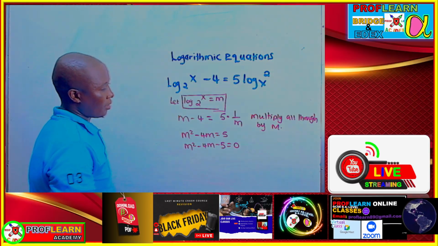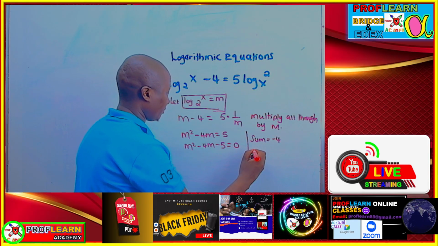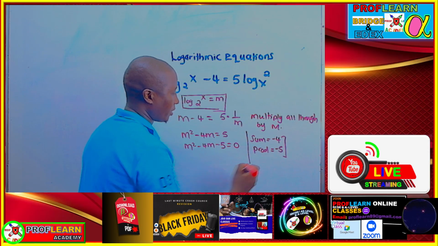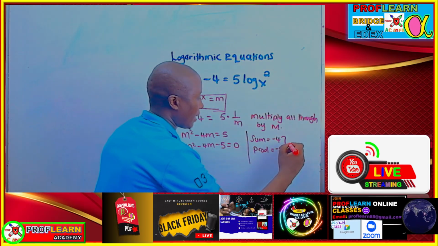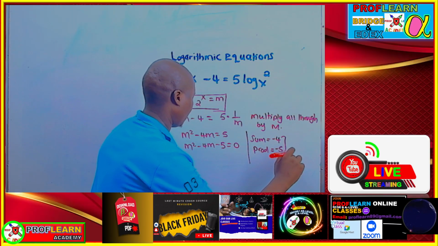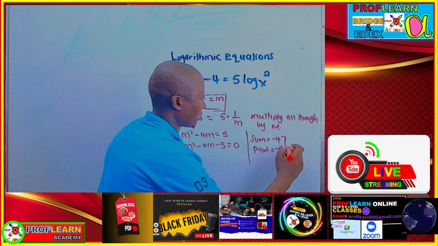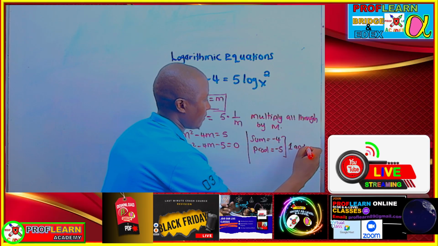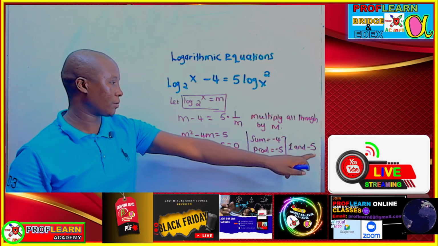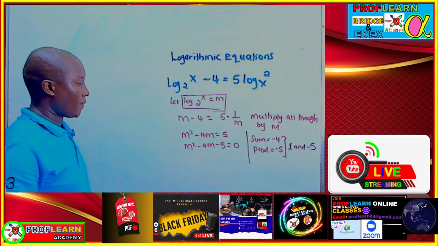So which means that we need to find two numbers whose sum is equals to minus 4, but product of the two numbers is equals to minus 5. Which numbers are those? The two numbers are 1 and minus 5, so that if you multiply 1 times minus 5, you get minus 5, but 1 plus minus 5 is going to give us a value of minus 4.